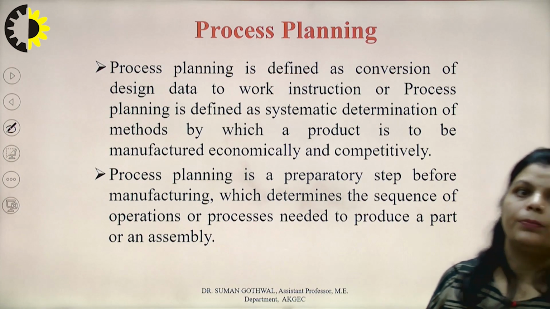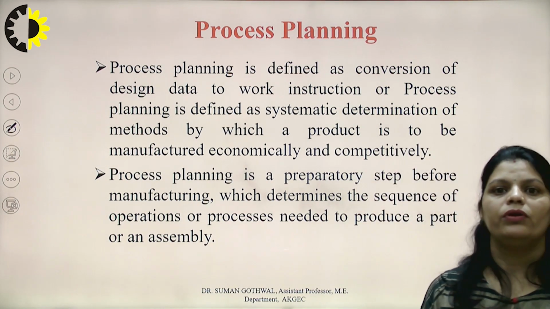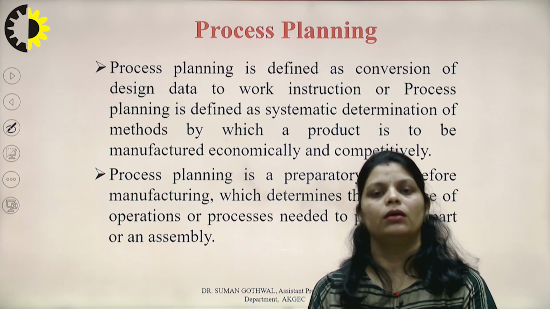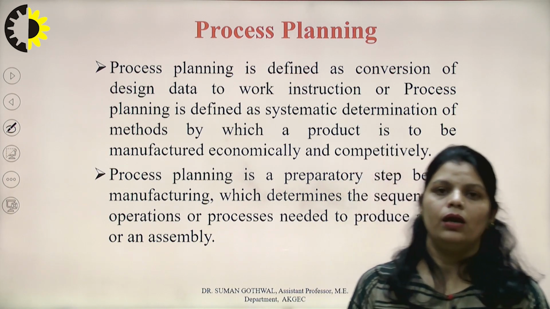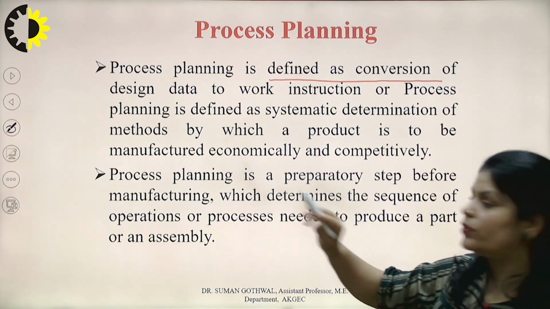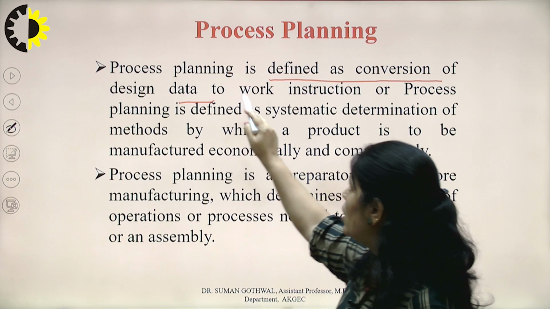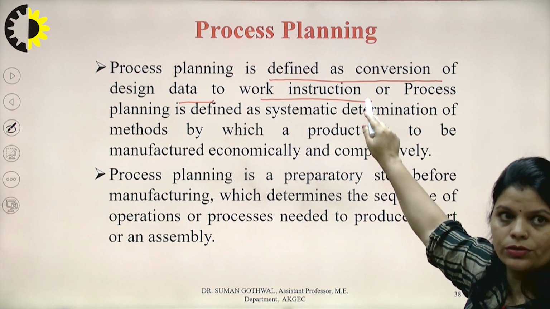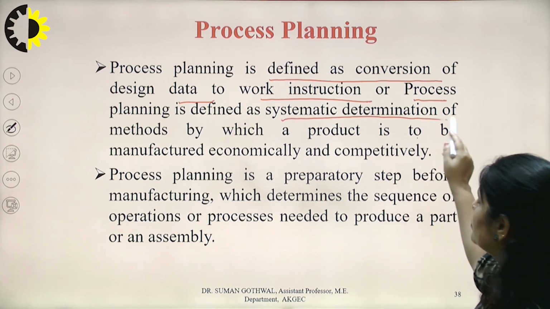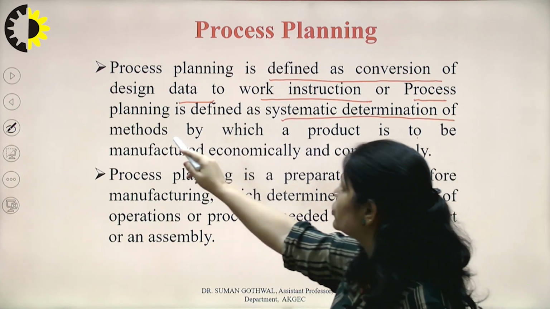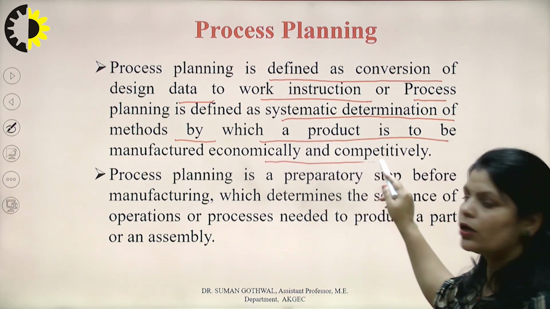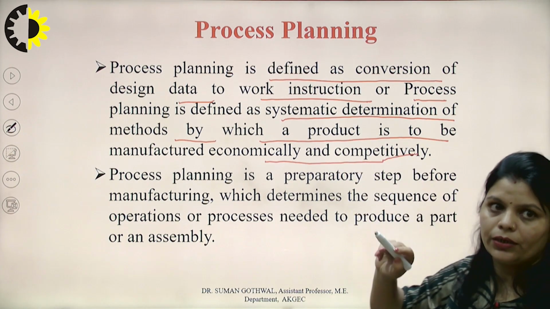Next we come to the process planning. Whenever we are going to start a process, a proper planning is needed in a systematic way. So we can define the process planning as the conversion of the design data, okay, to the work instructions, or as a systematic determination of methods by which a product is to be manufactured economically and competitively.